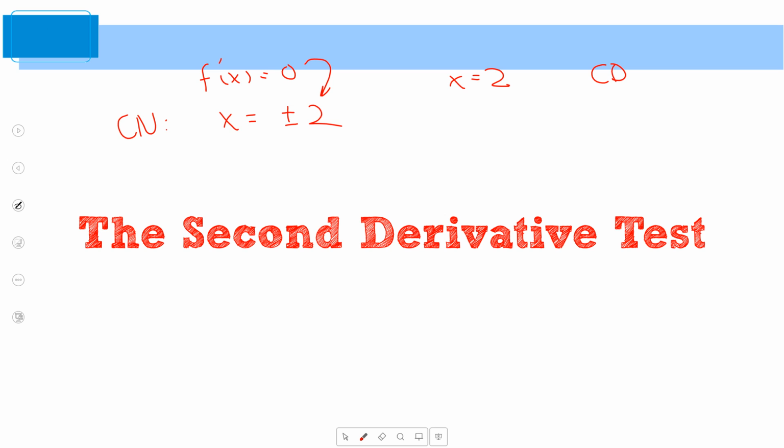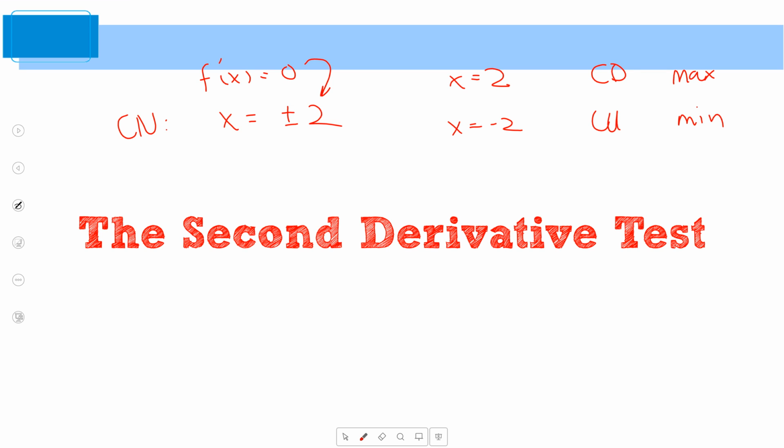I sometimes use this. It's concave down. That's got to be a max. Are we good? Okay, good. At x equals -2, it's concave up. And, I mean, you're all fairly bright. Max or min? It's a min. It's concave up with a critical number. It's the bottom of a parabola. Does that make sense?